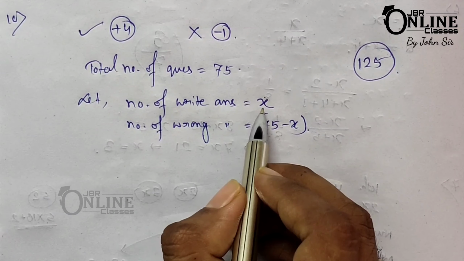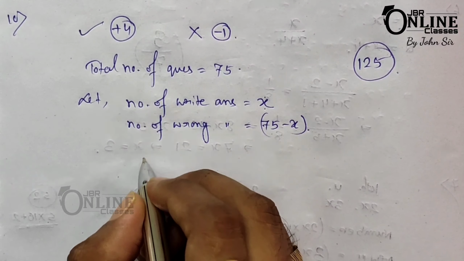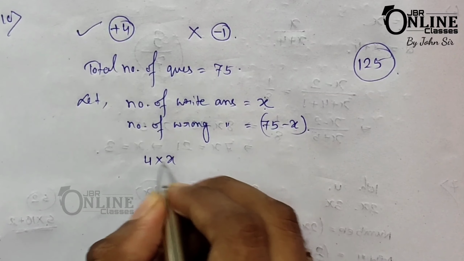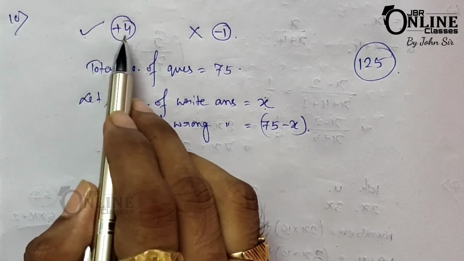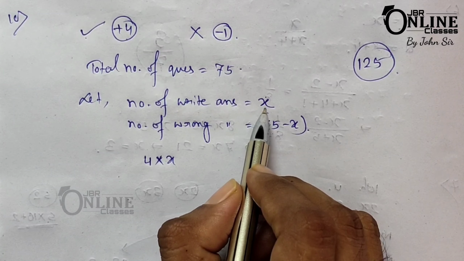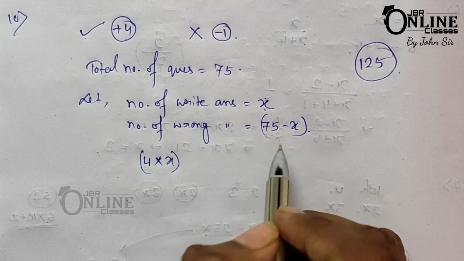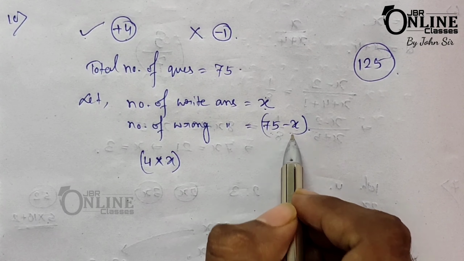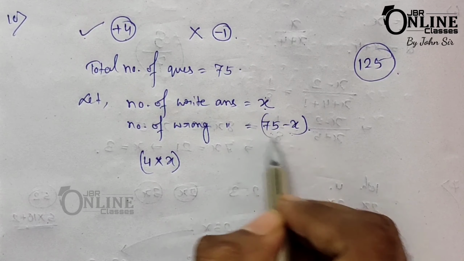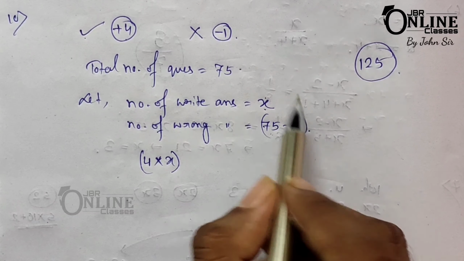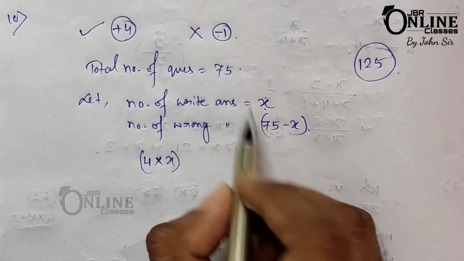So for x number of right questions, it will be x into 4. That means each right question carries 4 marks. So x number of right questions means 4 into x, so 4x. Now 75 minus x is the number of wrong answers. For that he will deduct minus 1 for each.